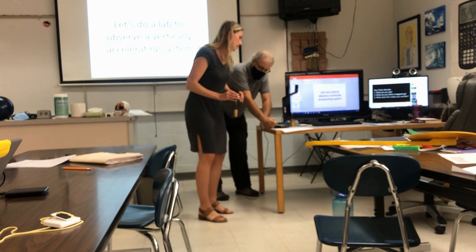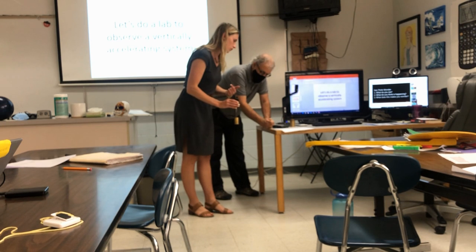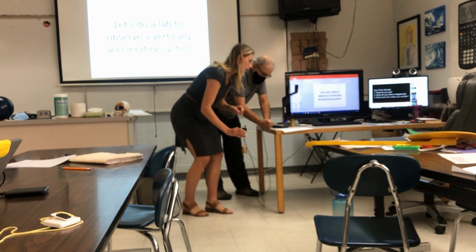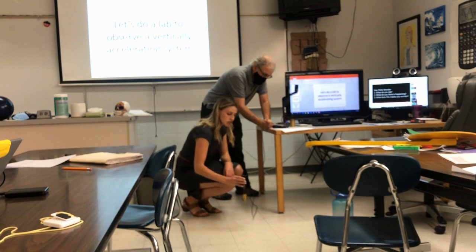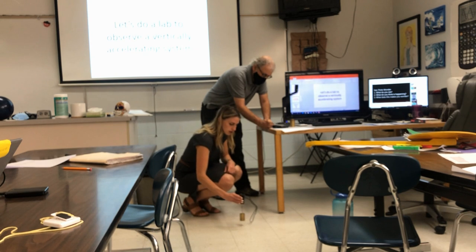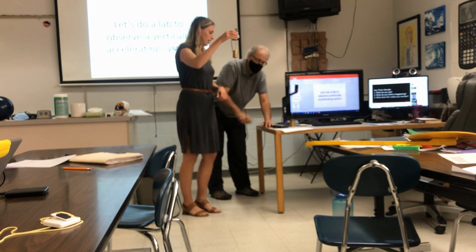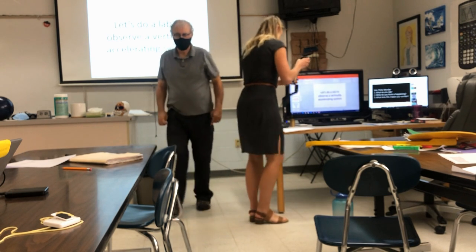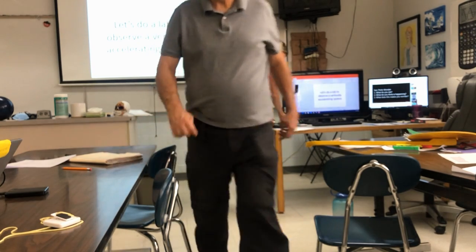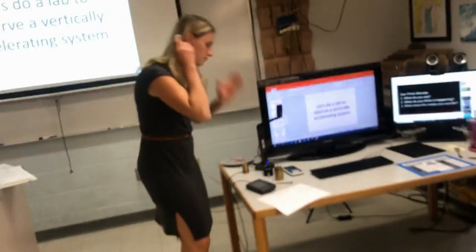Okay, so we're going to lift the mass from the floor to 2 meters above the floor. Your goal is to describe the direction of the acceleration of the mass. You ready? Go. Sweet. Nailed it. So we're doing this, right?